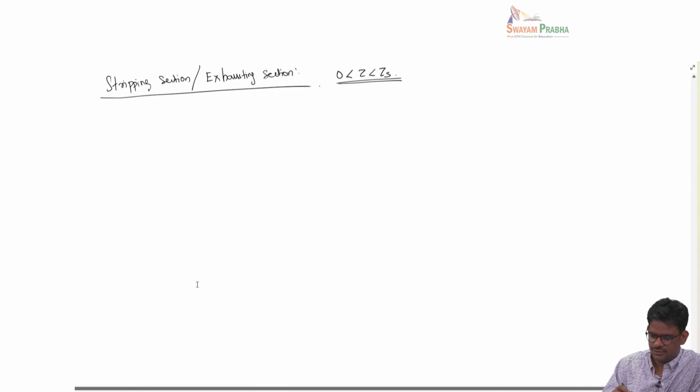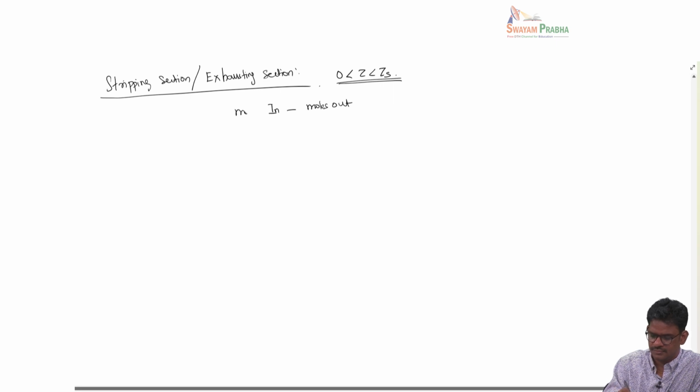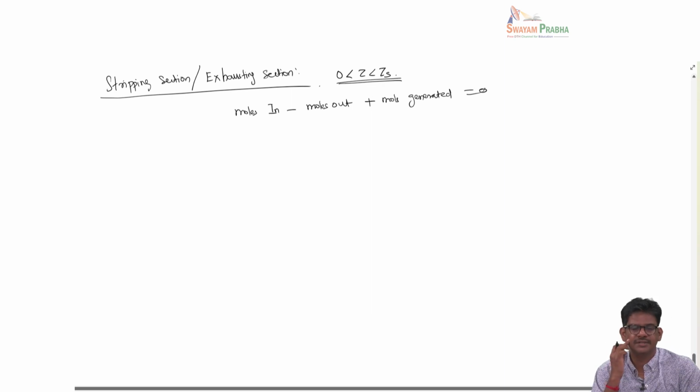Since it's a continuous steady state operation, we write moles in minus moles out plus moles generated or lost is equal to 0, because it's a continuous operation, there is no accumulation here.